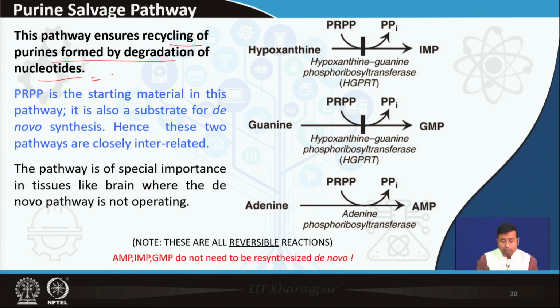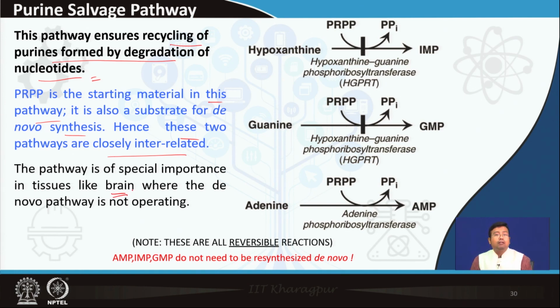Here also PRPP is the starting material. Therefore, the level of PRPP controls both the de novo and the purine salvage pathway, and hence these pathways are closely related. We should note that de novo synthesis does not happen in all organs, especially in the brain. The de novo pathway is not operating over there.